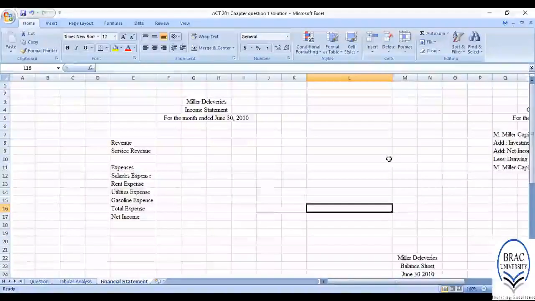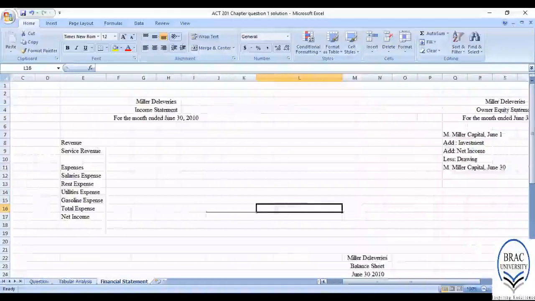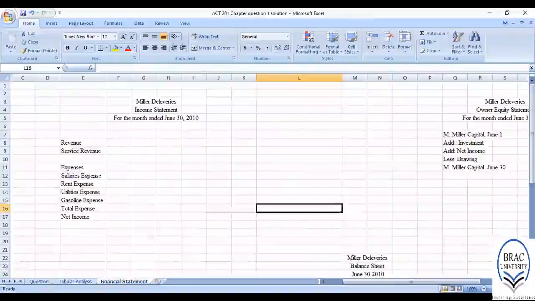Now, let's look at our three financial statements. As you can see, I already put some information in our three financial statements.